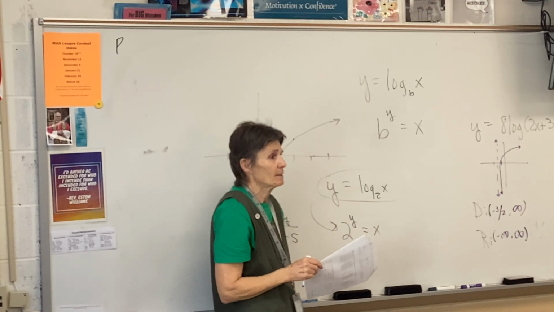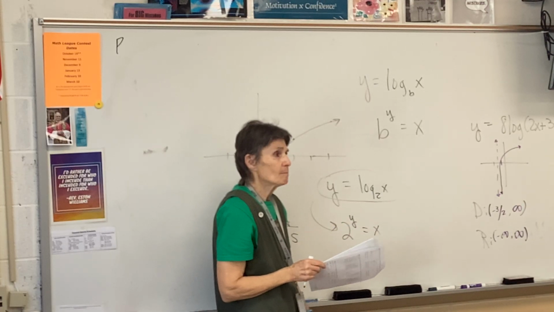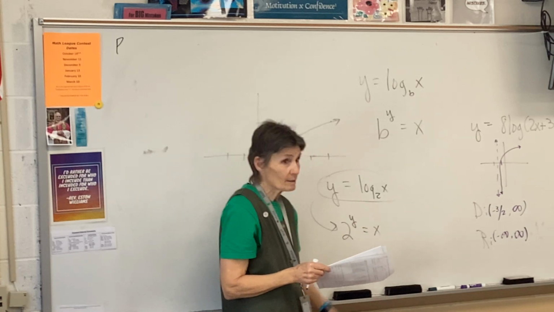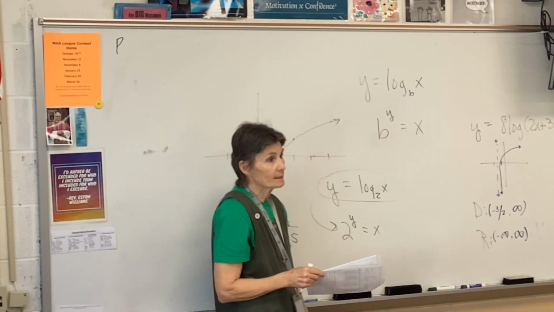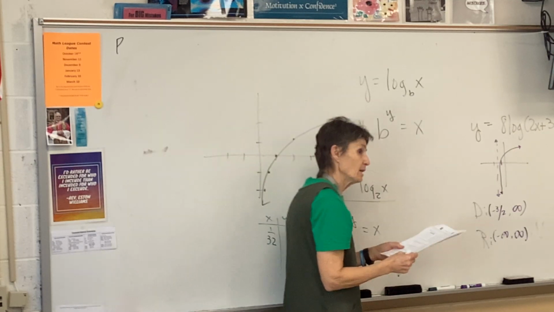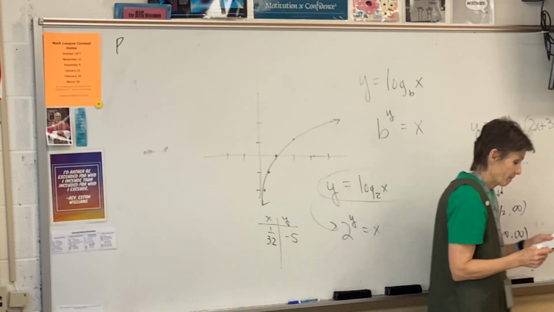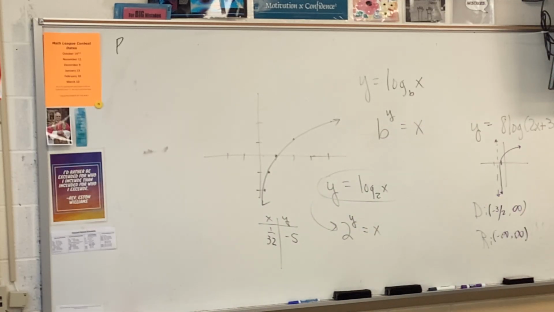What else do they have in common? Charlie? They're all logarithms. They're all logarithms, absolutely. They're all increasing, they're all concave down. Now, you have to tell them apart. One of them is log x, one of them is base 4, and one of them is ln x.